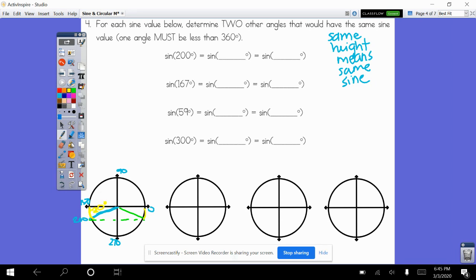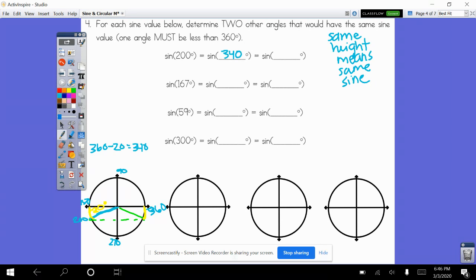So therefore, if I find the angle that is 20 degrees from, this is 360, we'll just call it 360 instead of 0 for now. If I find the angle that's 20 degrees below 360, that'll be at the same height. So to get an angle that's 20 degrees below 360, I can do 360 minus 20. That gives me 340. So that means one of my angles is 340 degrees.